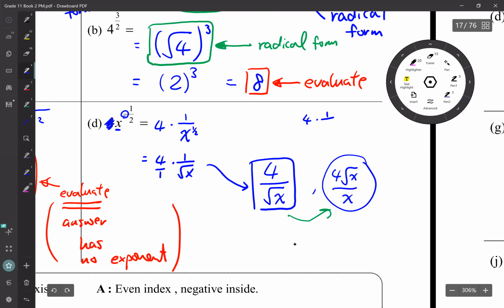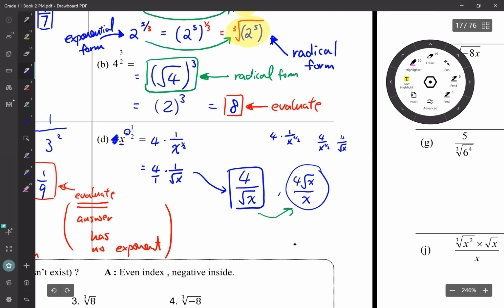And then it becomes 4 over x to the 1/2, and then 4 over radical root x. And then I times it by root x over root x.